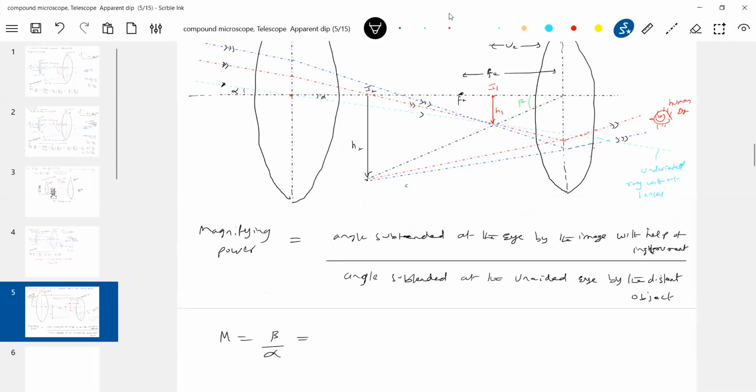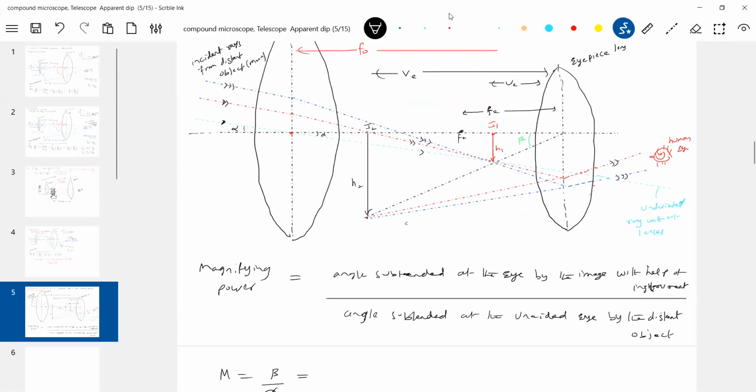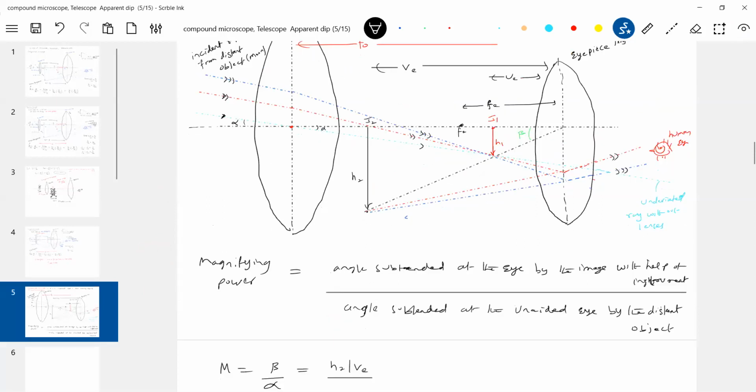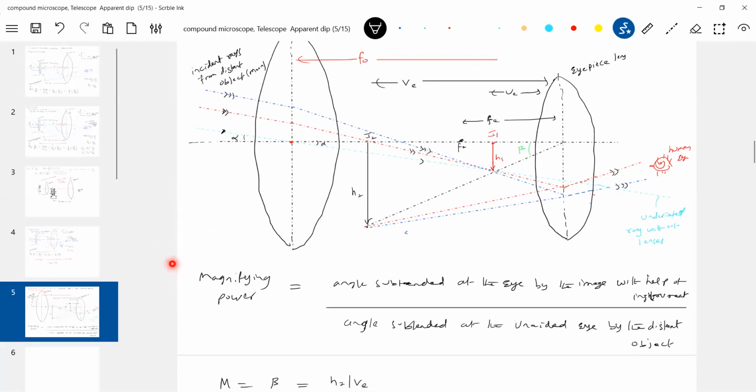Now, what is beta? You can look at it from there. Beta, we write as H2 by VE. You look at the bigger triangle, this triangle, H2 by VE. Tan beta we can write as that. What is alpha? Alpha you can also write as H1 by F naught, because that's the only thing available here.